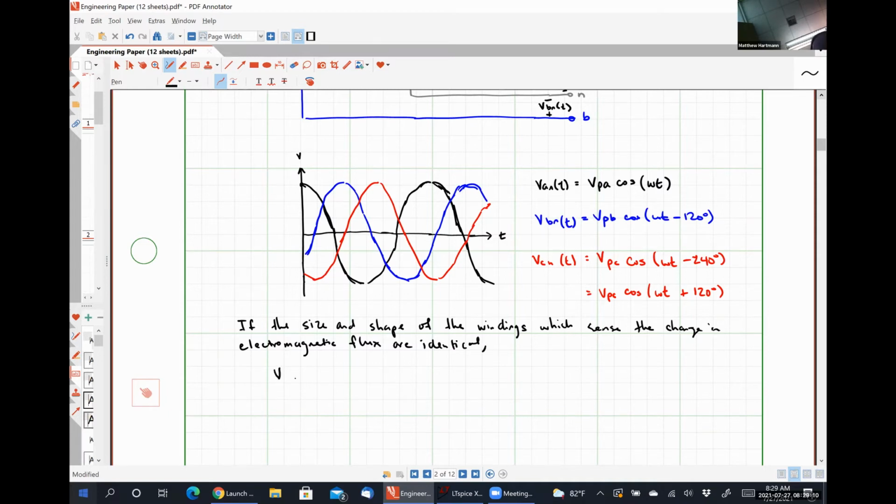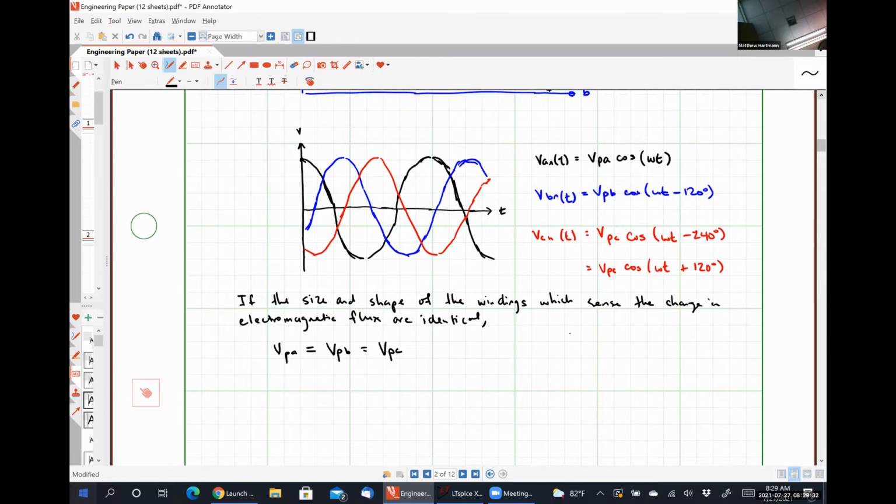Then we would see VPA will be exactly equal to VPB will be exactly equal to VPC. So effectively, the magnitudes of all of the voltages are identical.